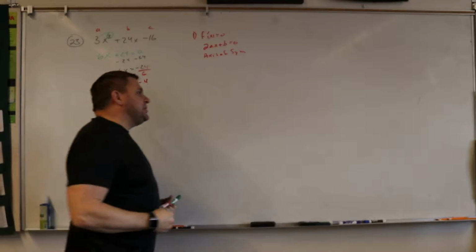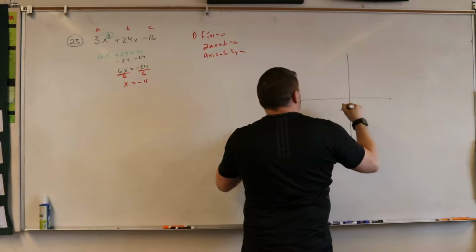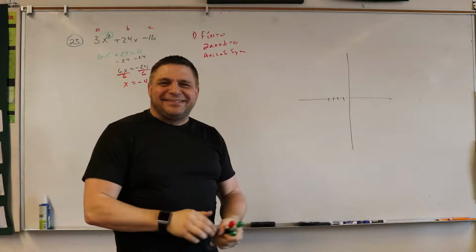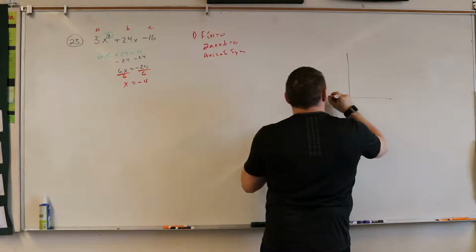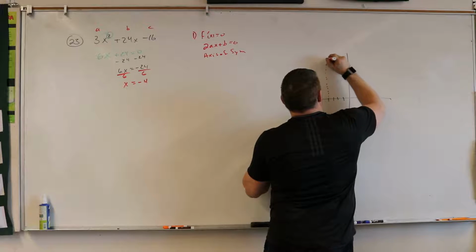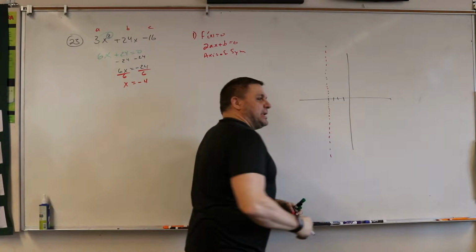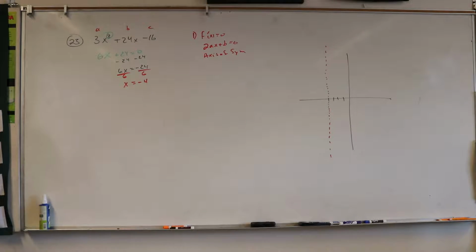That is your axis of symmetry. That means when I graph this, at negative 4 it's symmetrical.